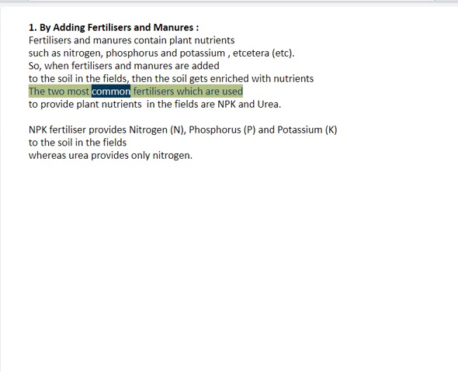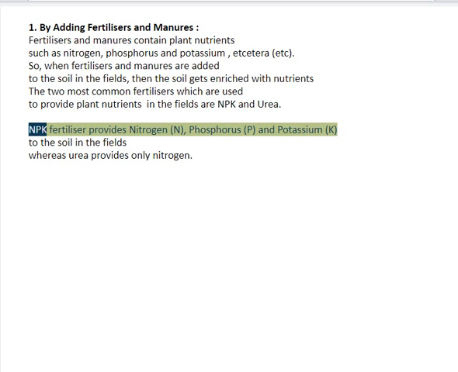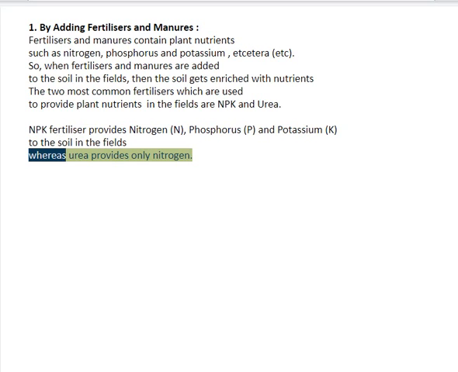The two most common fertilizers which are used to provide plant nutrients in the fields are NPK and urea. NPK fertilizer provides nitrogen N, phosphorus P and potassium K to the soil in the fields, whereas urea provides only nitrogen.